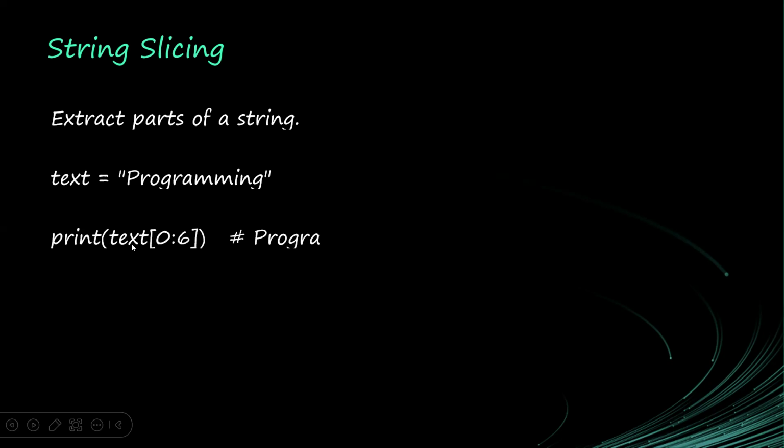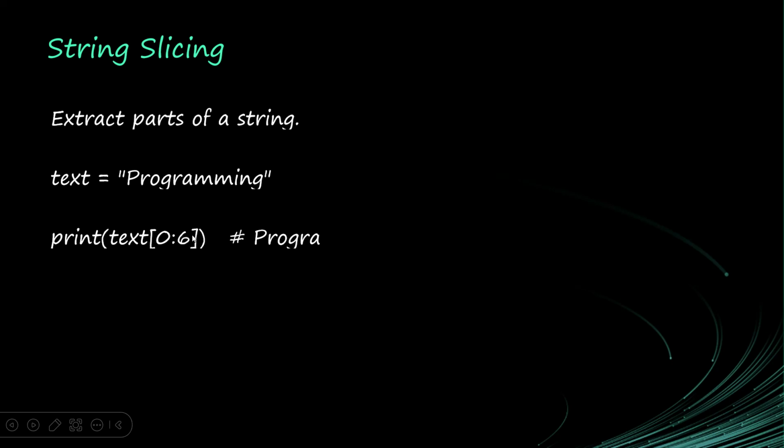You have your start index and your end index. The start index in this case is 0. Then you put a colon, then you give it the last index. I am telling Python I want to slice my test from the beginning, which is index 0, the start index, and I want to stop at index 6.